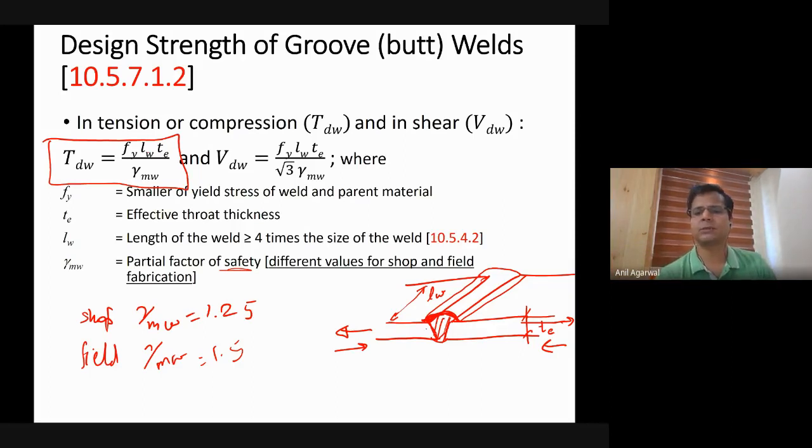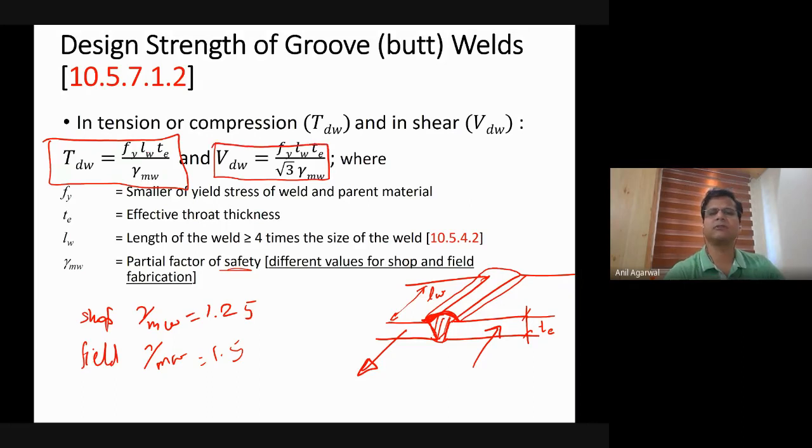If the two plates are subjected to shear, that is not tension or compression as shown here, but shear force, how will that be? Shear force will be one in this direction and the other one in this direction. If this is the kind of force that this weld is subjected to, then the design capacity of this weld will be equal to this value.